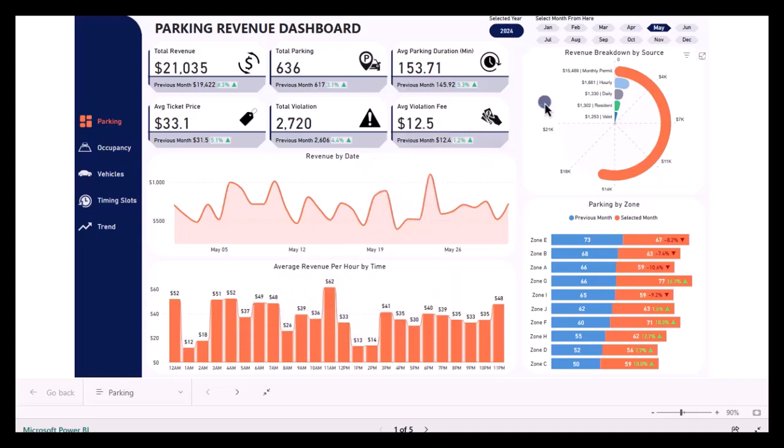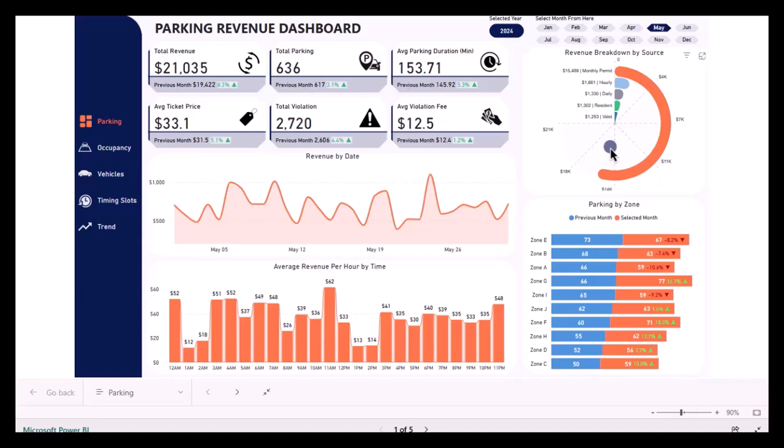Next up, we have revenue breakdown by source. A circular chart showing exactly where your money is coming from. Monthly permits dominate here at $15,489.